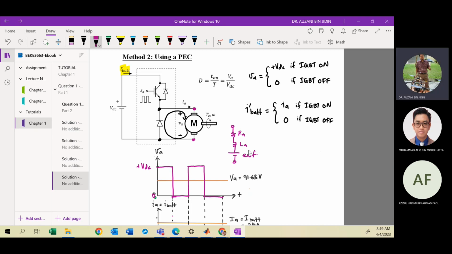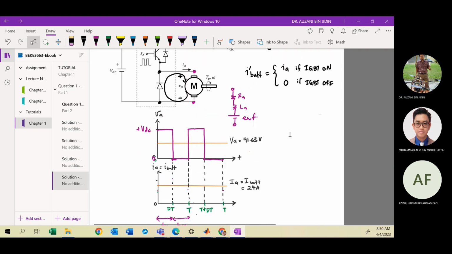It cannot suddenly reduce to 0 or suddenly change polarity from positive to negative. It must have time to charge and discharge. So that's why your current is in triangular wave shape. It must be in triangular wave shape.